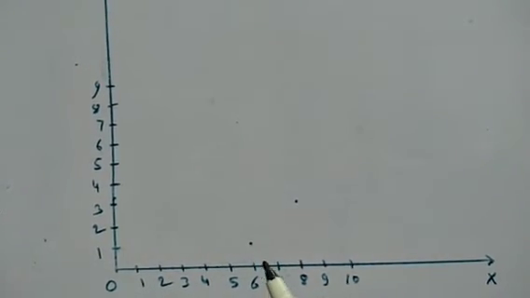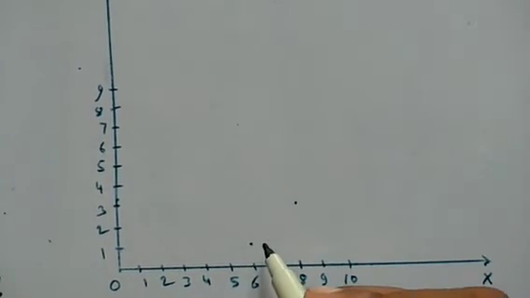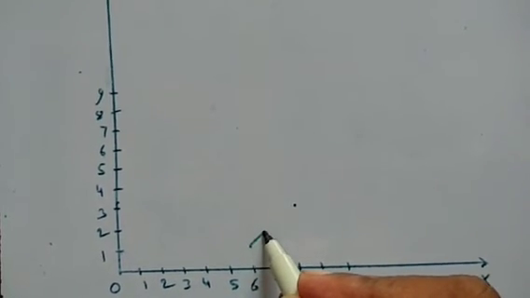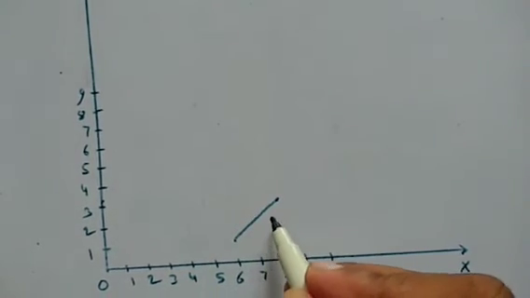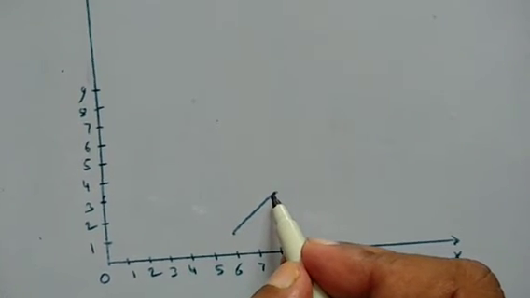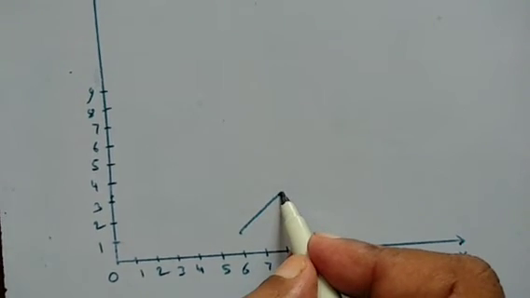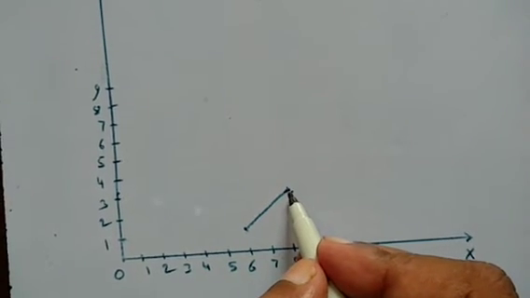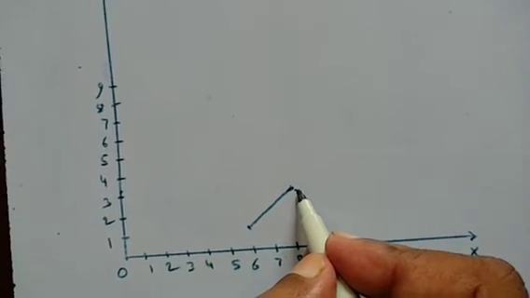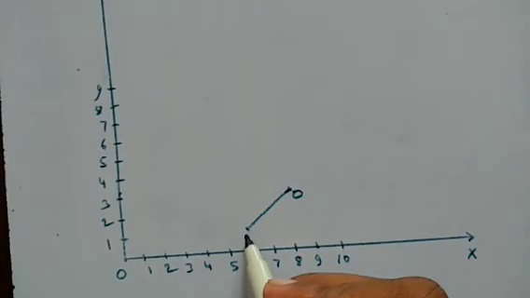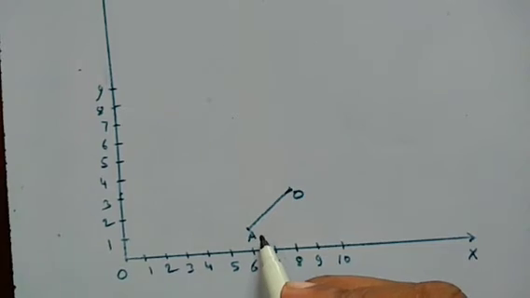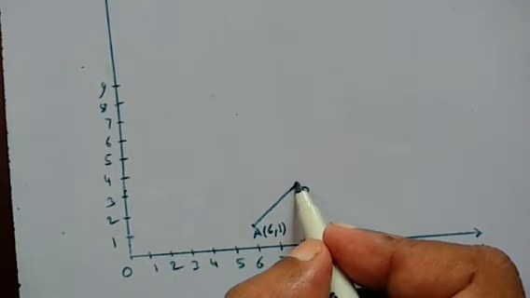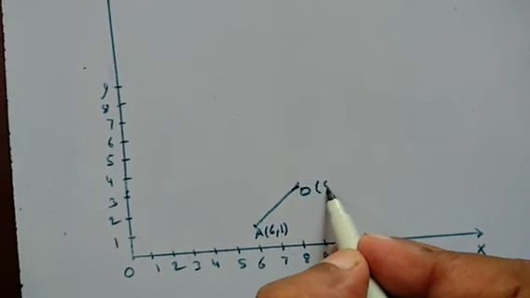Now we join both points. This point is the intersection of the diagonals, and this point is a vertex. Let the intersection point be O and let this point be A. A is (6, 1) and coordinates of point O are (8, 3).